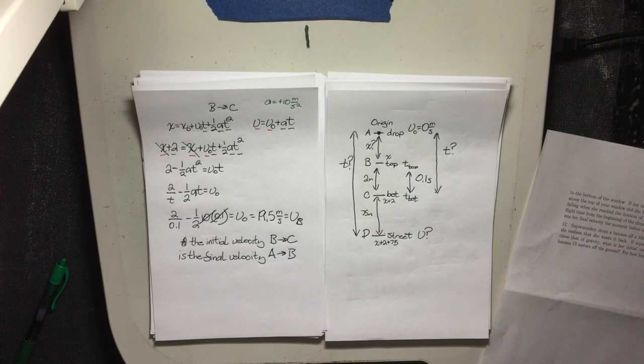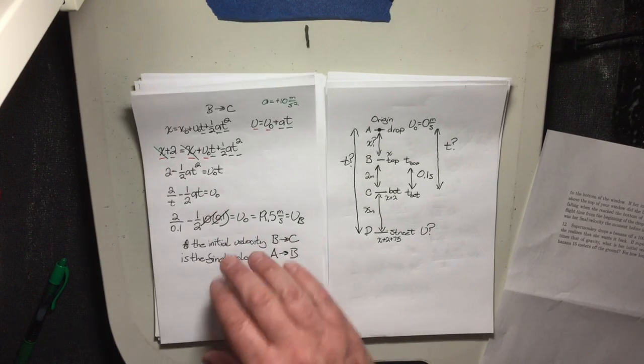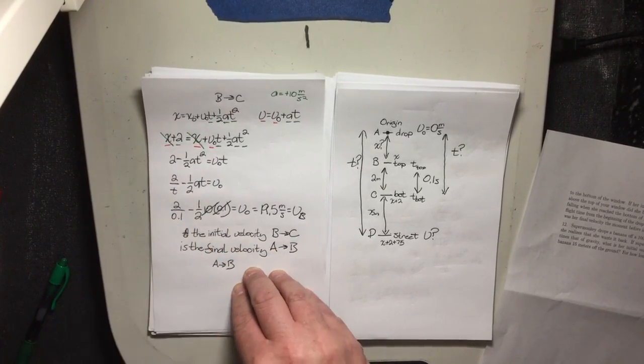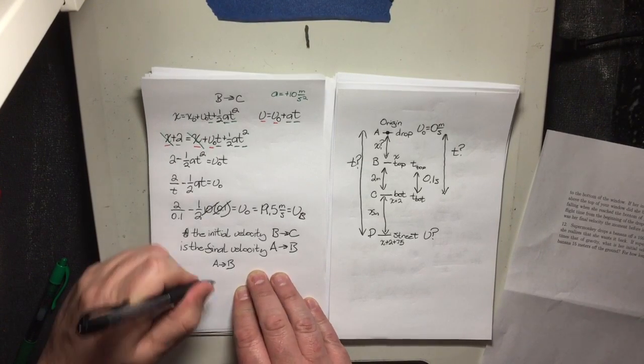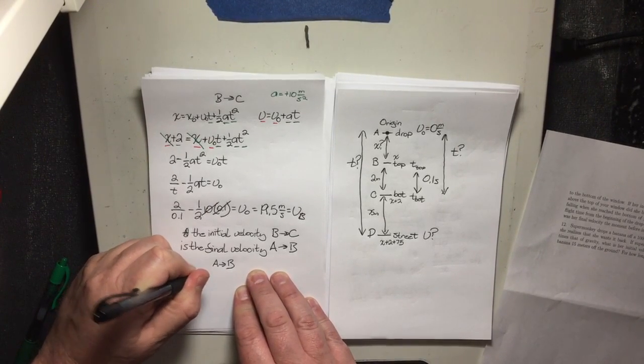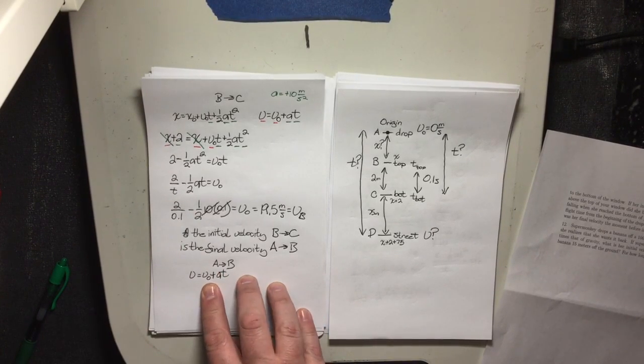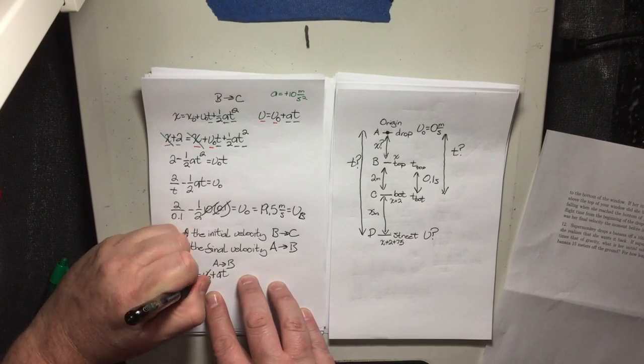Now that you know the final velocity from A to B, you know that she was dropped. You know that her initial velocity was 0. So let's talk about A to B. She was initially dropped, which means the initial velocity from A to B is 0.